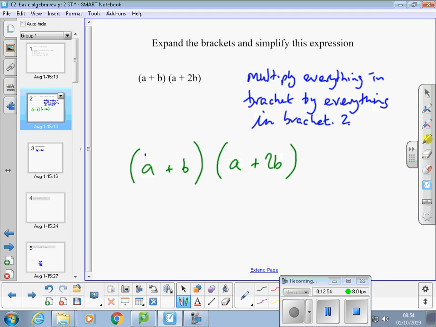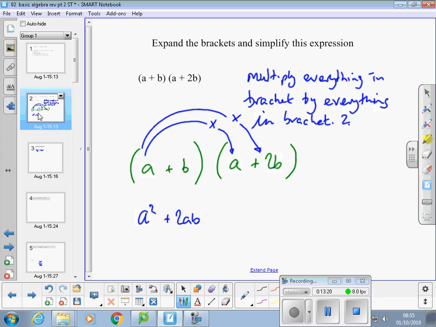We do A times A is A squared. Yeah. A times 2B is plus 2AB.